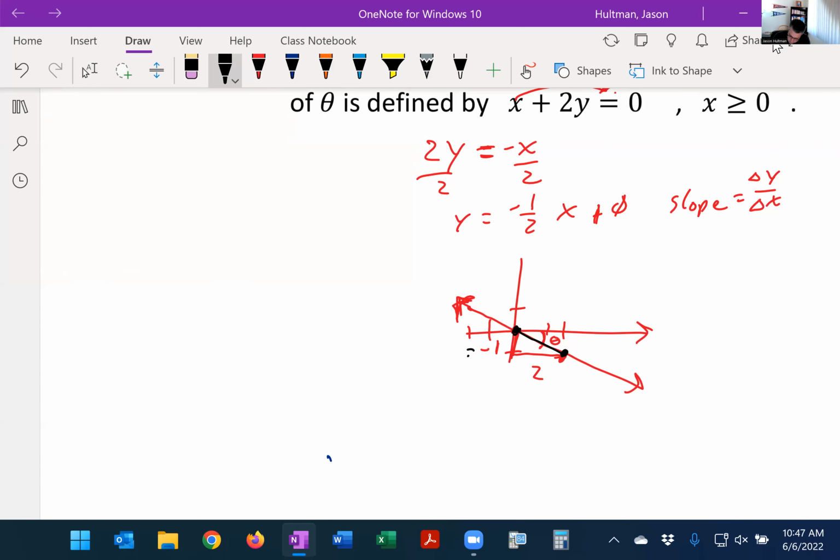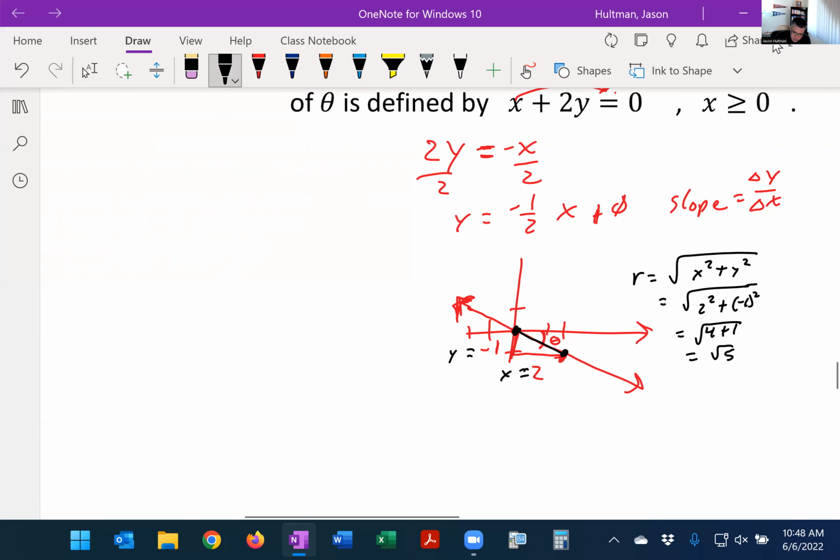I just have to figure out what R is. R is equal to the square root of x squared plus y squared, so the square root of 2 squared plus -1 squared. So this equals 4 plus 1, and that just equals radical 5. So R is radical 5.